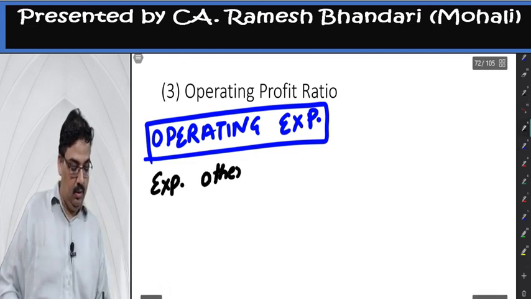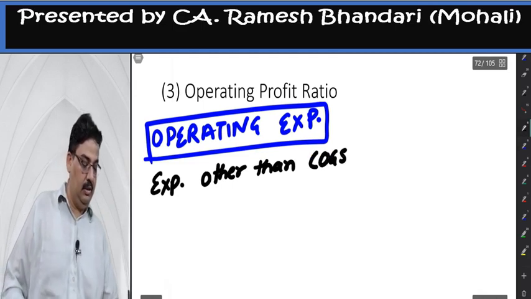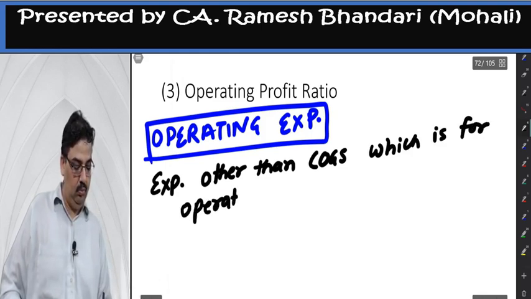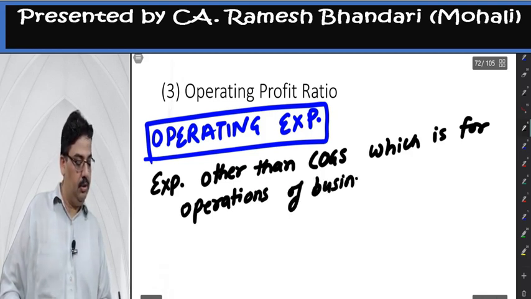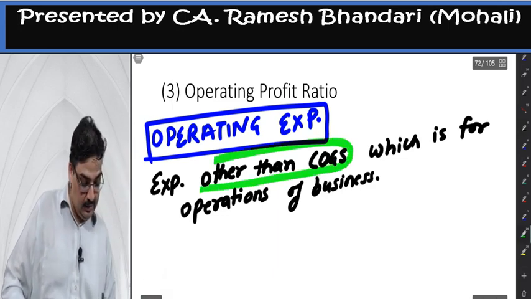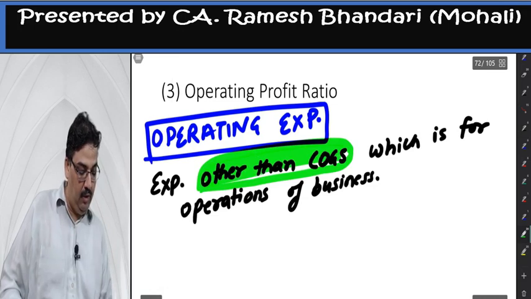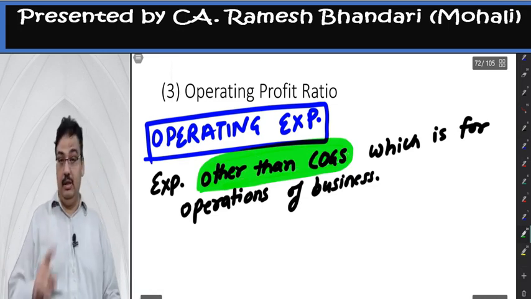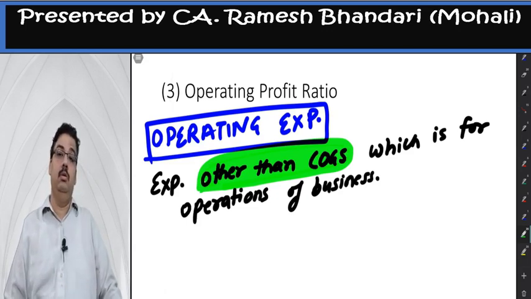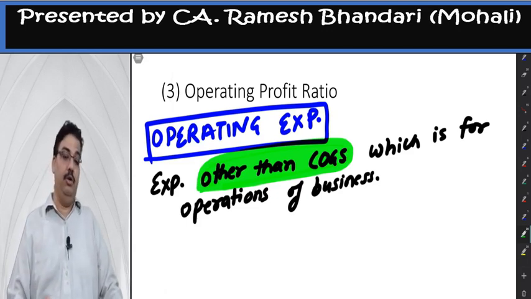Expense other than COGS, which is for operations of business. Once it is other than COGS, manufacturing overhead is not operating expense, because manufacturing overhead is included in COGS.